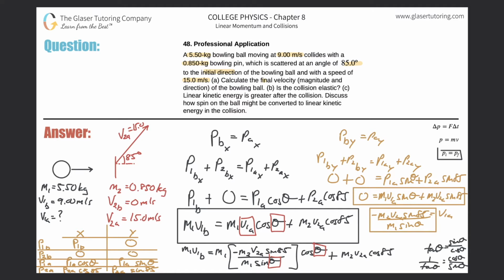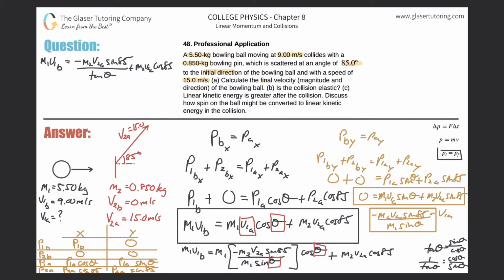Okay, so we got m1 v1b, which will equal now negative m2 v2a times the sine of 85, then remember, all over tan of theta, plus m2 v2a cosine of 85.